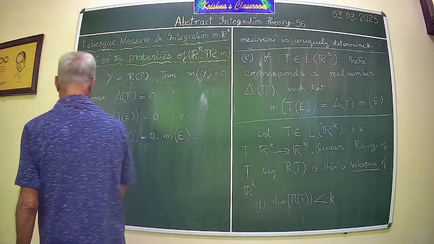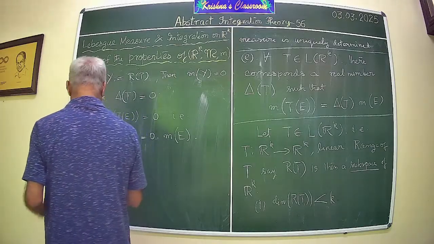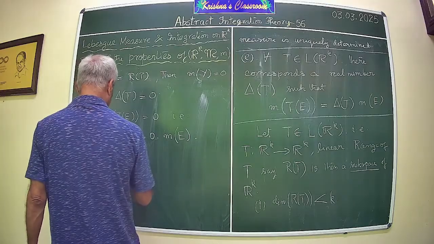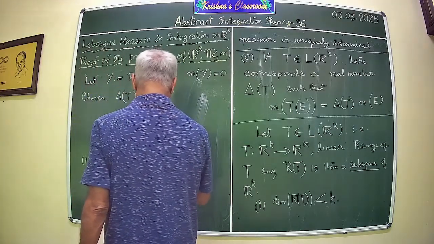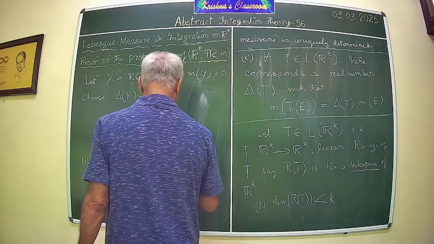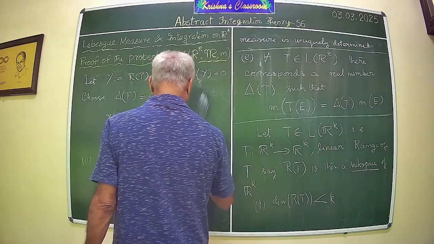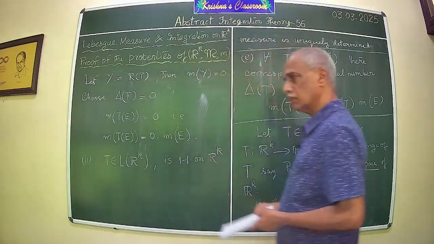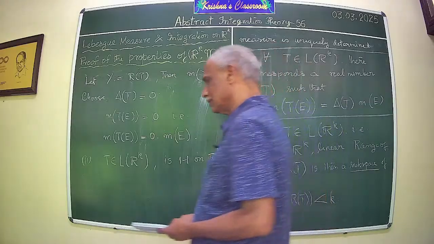Now you take the second case, where T is a linear transformation on Rk which is 1 to 1 on Rk. If it is 1 to 1 on Rk, it is also onto, or if it is onto Rk, then it is 1 to 1.